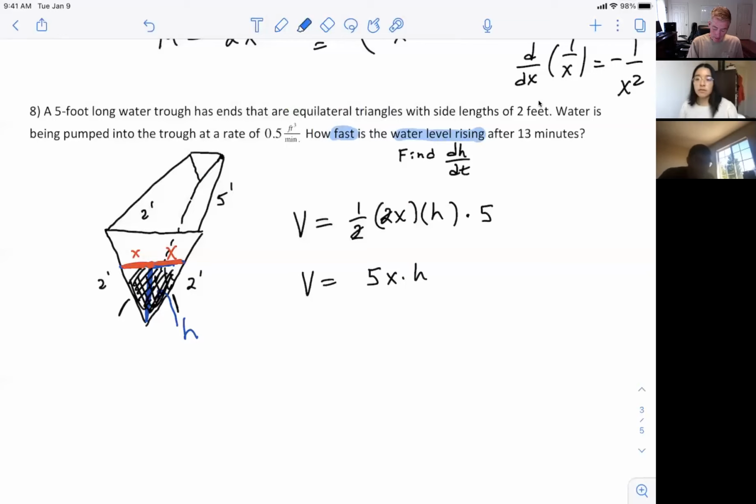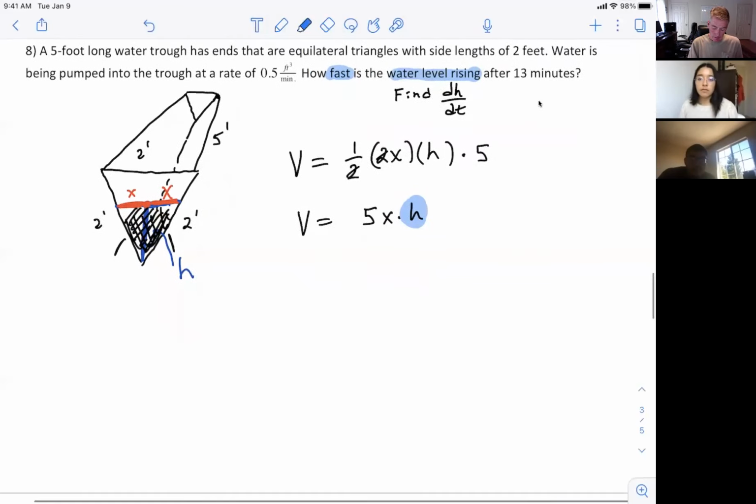Since we're supposed to find dh dt, it's good that this has an h, but I don't want the x. So I'm going to have to do some other algebra, in this case, geometry, to find out what x equals.